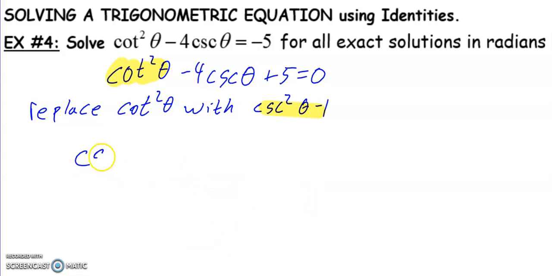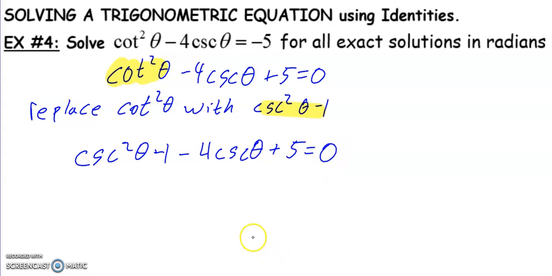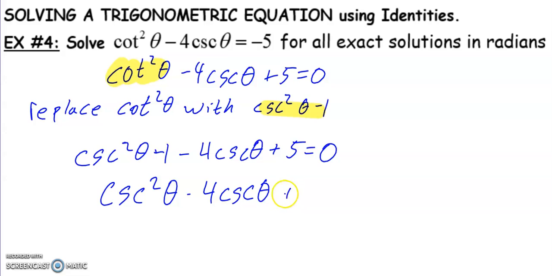Cosecant squared theta minus 1, that is the entire cotangent squared theta right there. And we can subtract 4 cosecant squared theta plus 5, and that equals 0. We can combine the -1 and the +3. So cosecant squared theta minus 4 cosecant theta plus 4 equals 0.